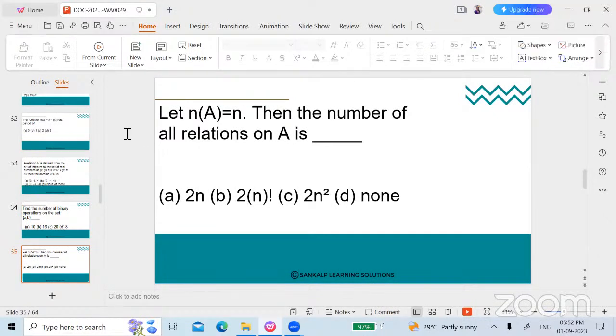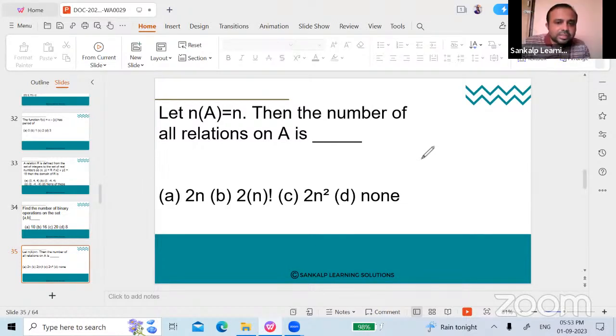Sir, the number of relations on set A is equal to the number of A into A, then we'll get 2 into n power, 2 into n to the power 2.